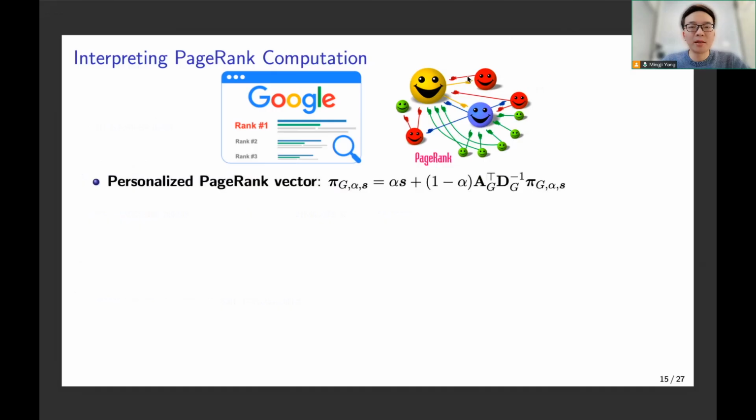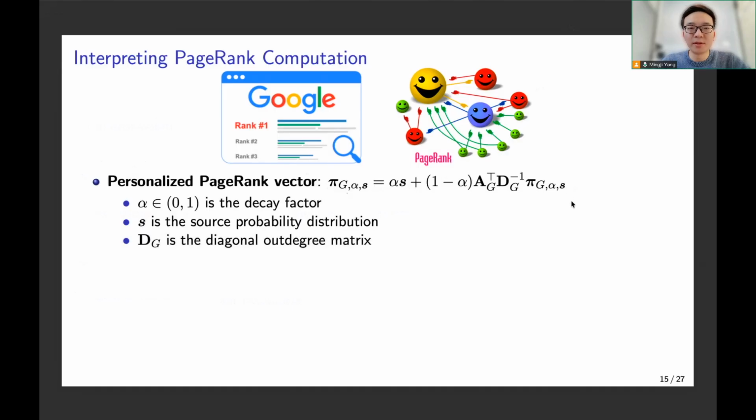And mathematically, the personalized PageRank vector with respect to a decay factor alpha and the source probability distribution S is defined as follows. It is a stationary distribution that satisfies the personalized PageRank vector equals alpha times the source distribution plus 1 minus alpha times the random walk matrix times the PageRank vector itself.